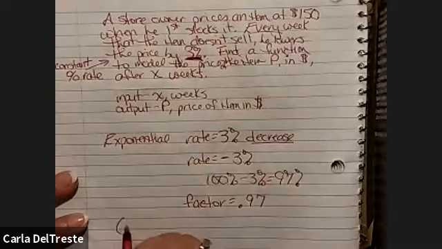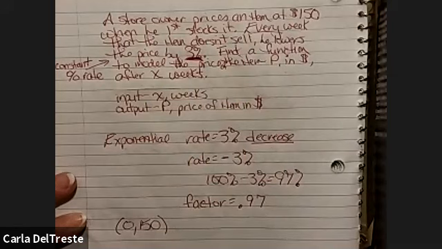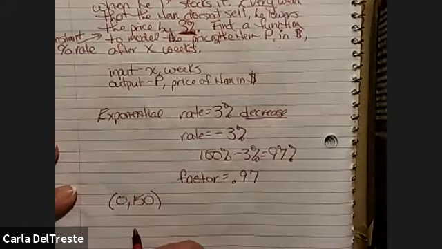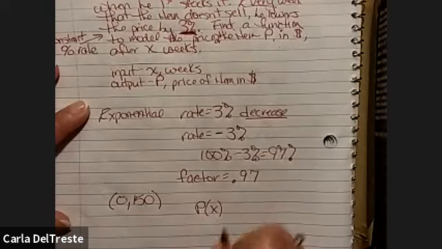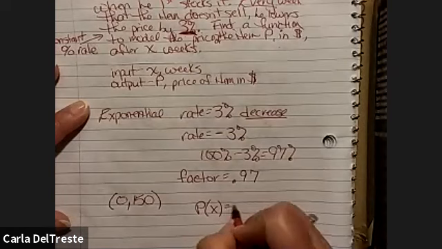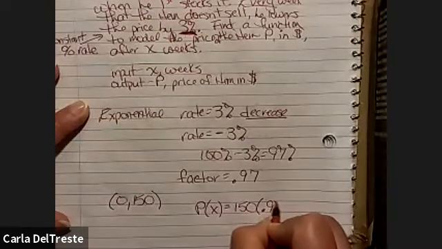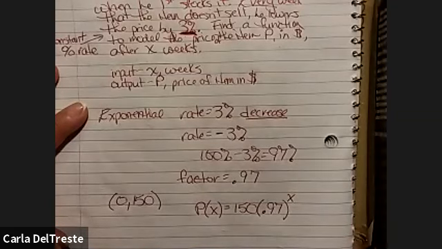I know that the y-intercept is 0, 150. So now put this all together. The price of the item X weeks later will be 150 times 0.97 raised to the X, however many weeks.